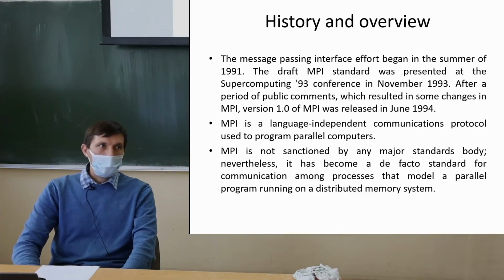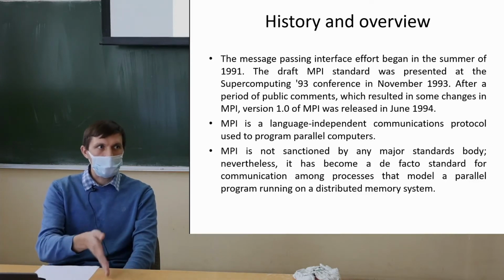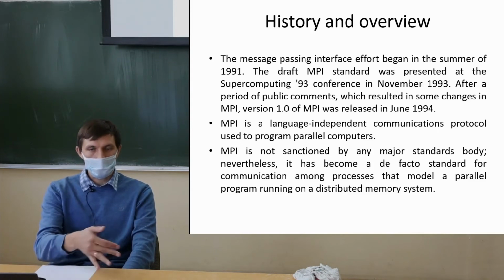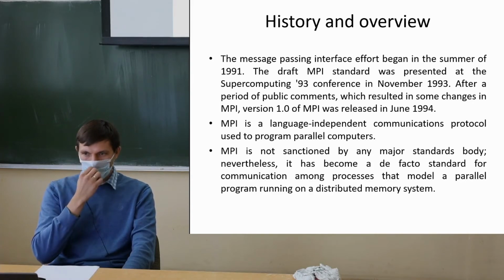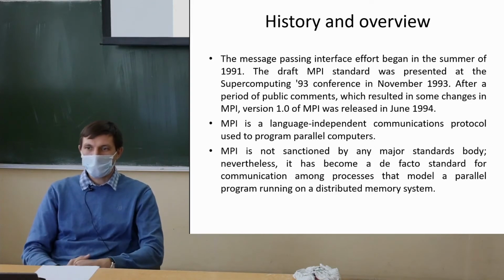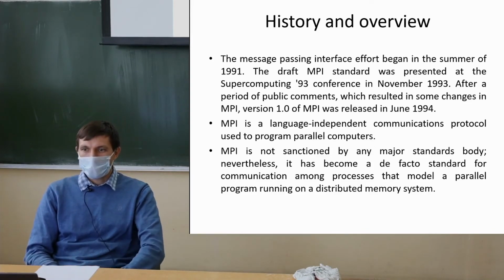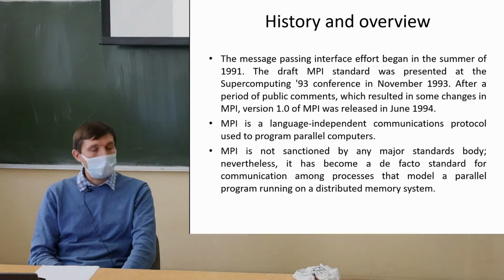And for Fortran, this library uses its own syntax, and for C, its own syntax, and so on. This library was written rather fast, and you can see that the first variant appeared in 1993, and as I remember, the second version was presented in, I think, 1998 and so on.